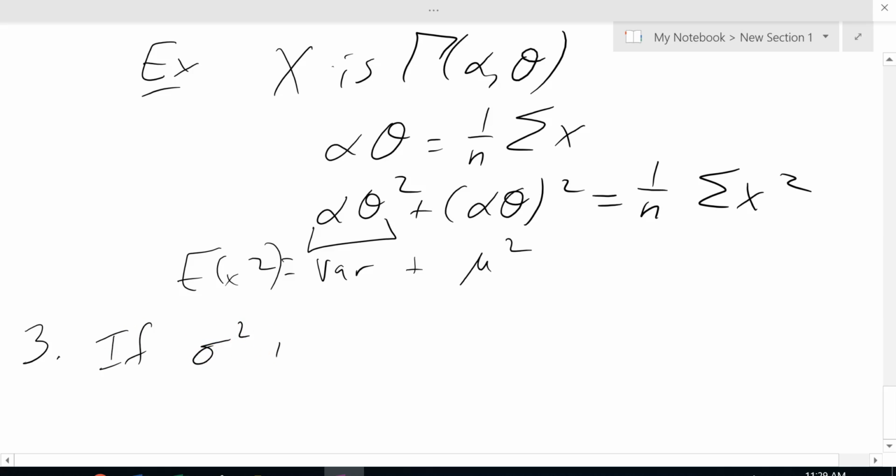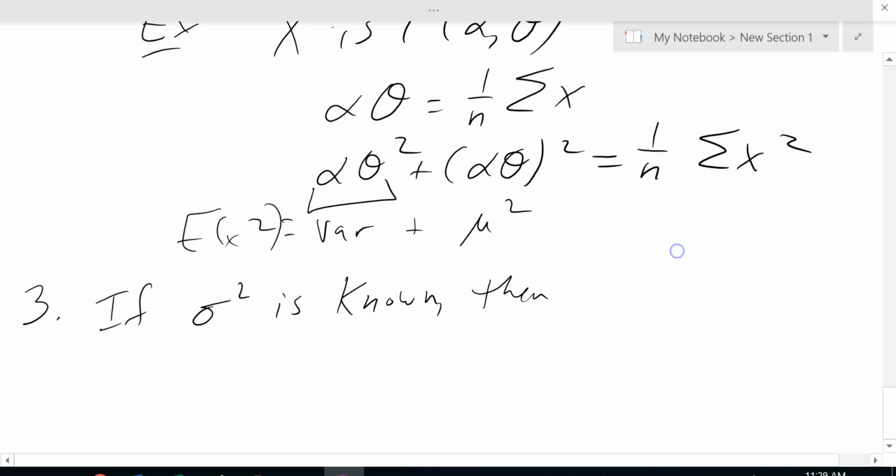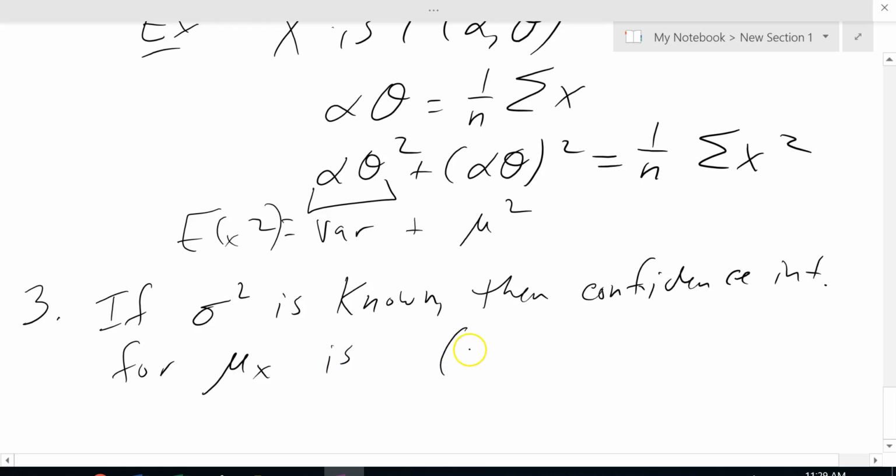If your variance is known, then your confidence interval for the mean is going to be x bar minus z sub alpha over 2 times s over square root of n, comma, x bar plus z sub alpha over 2, and it's not s either, it's sigma.